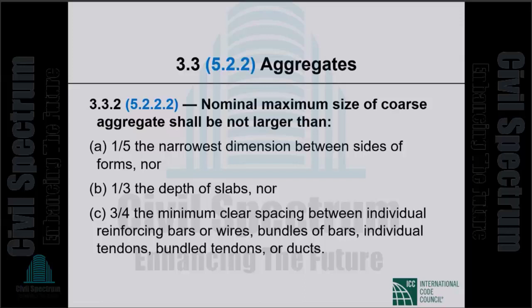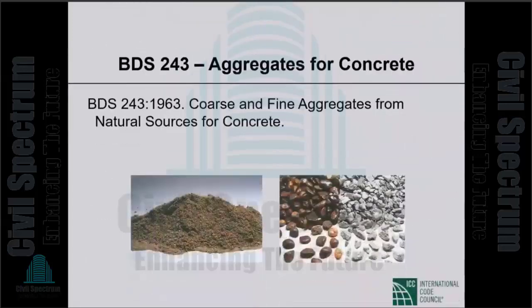If your stone pieces are too big, then voids may very well be created in the concrete because the concrete does not flow. It does not fill all the gaps that need to be filled. So 1/5 the narrowest dimension, etc. You can read this. This is extremely important. You cannot always use large aggregate, obviously.